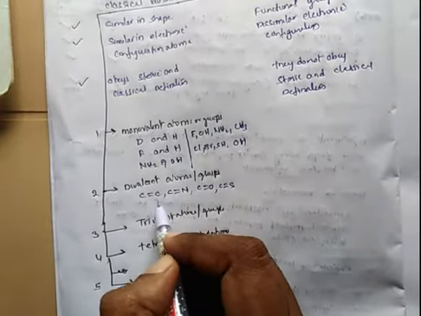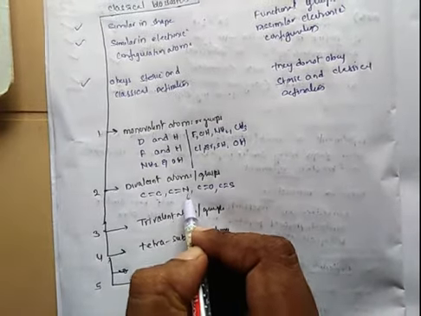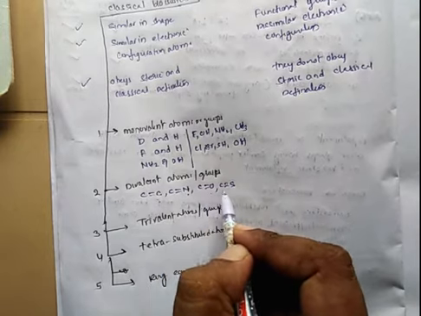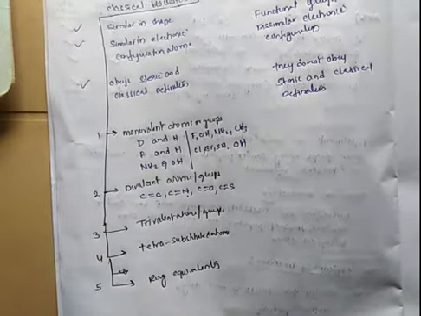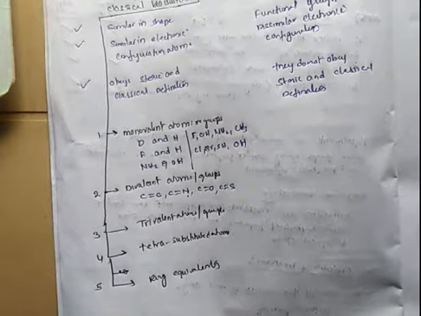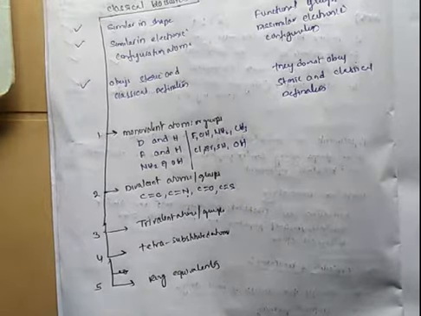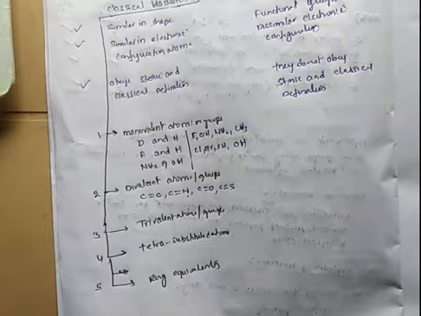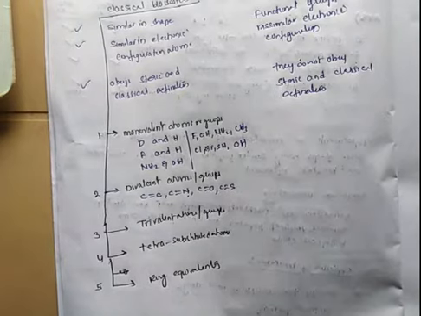Their electronic configurations are similar, so these four groups show the same physical properties and chemical properties, and similar effects.